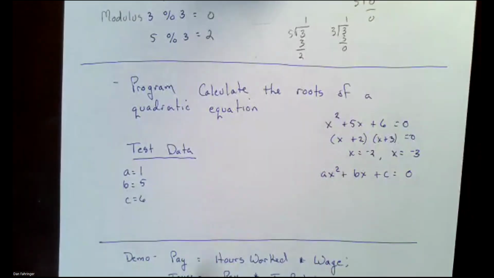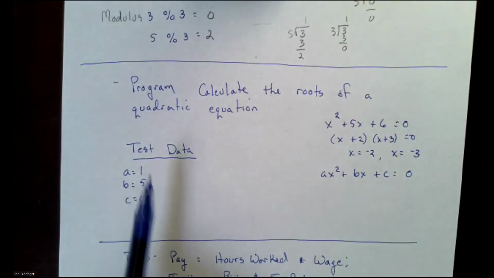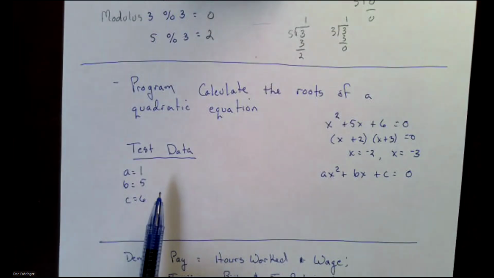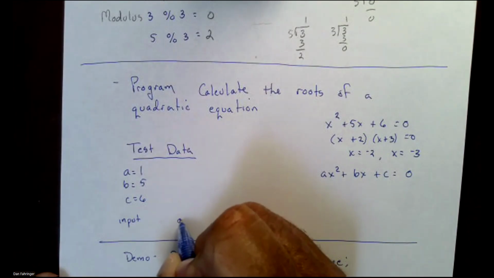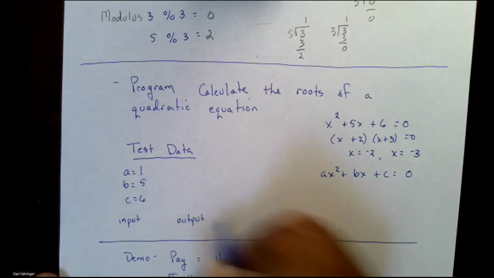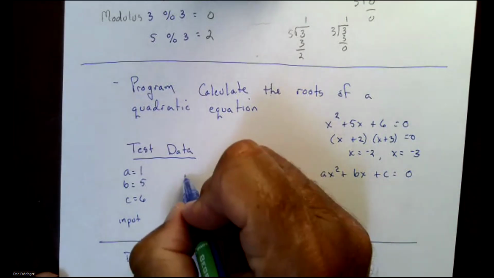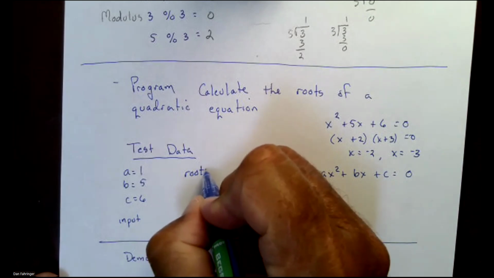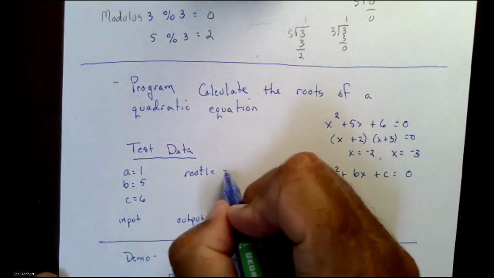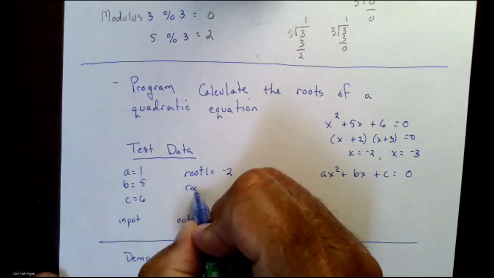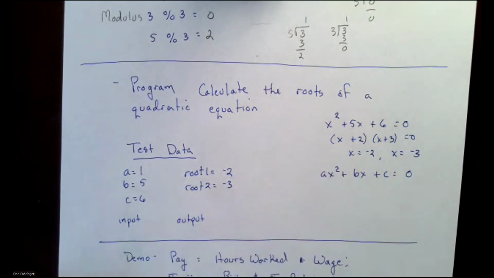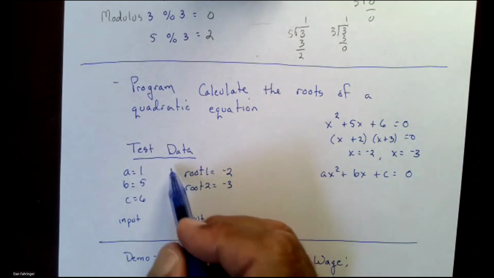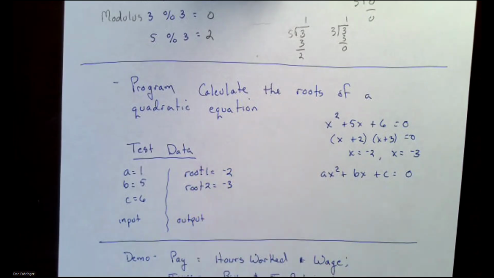This was being talked about right at the end of the first video. So here's my input. My output should be something like root 1 equals -2, root 2 equals -3. You with me?